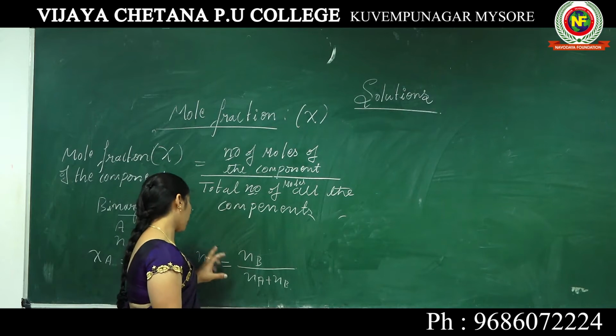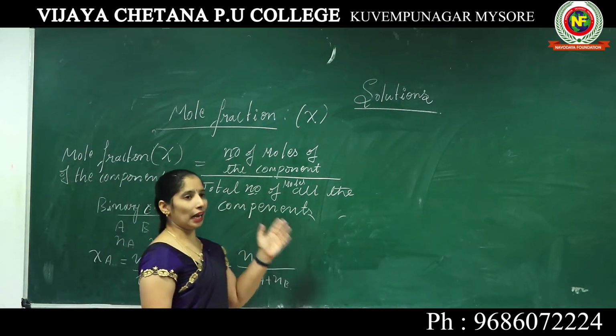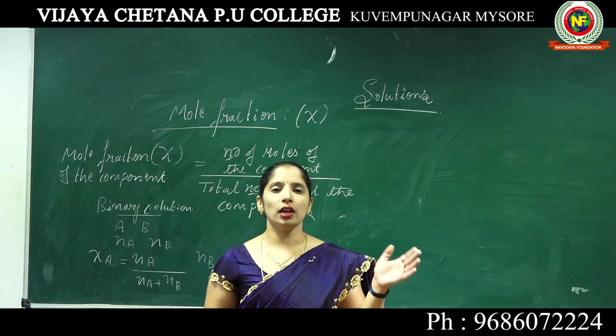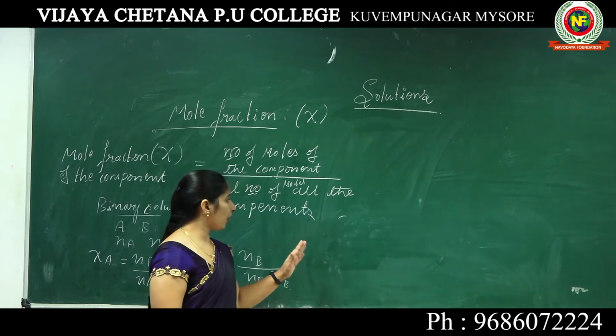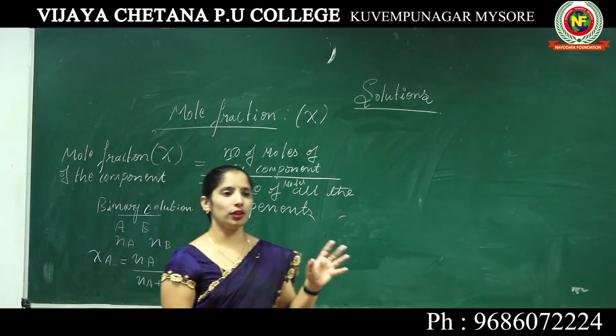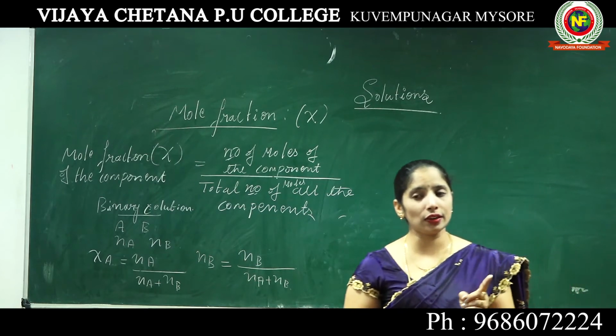If you have I components, the mole fraction of I is equal to Ni by sigma Ni. Always in a solution, the sum of the mole fractions is equal to 1.